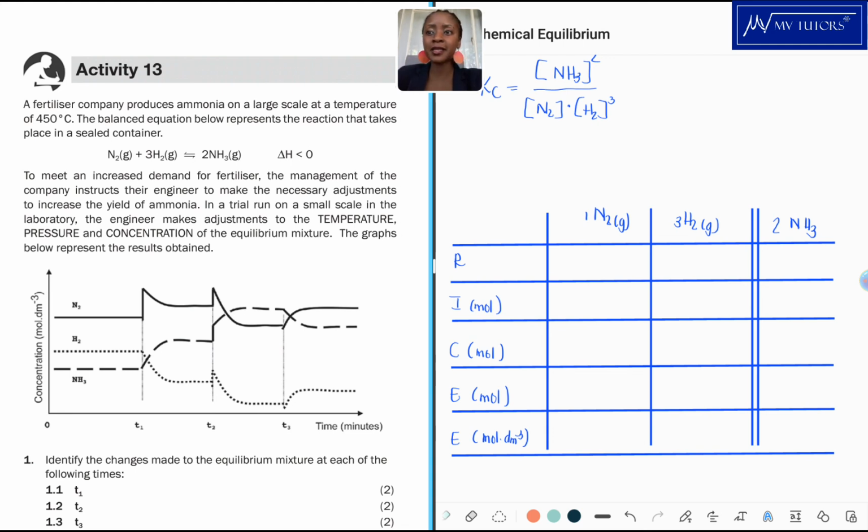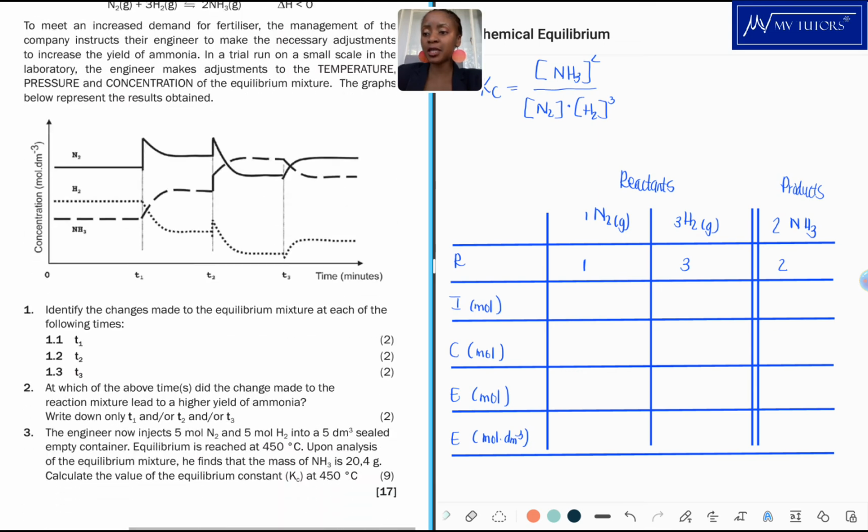It's the balanced equation that was given to us. Here I have a double line just to indicate that these are your reactants over here, and after the double line, you have your products. Okay, so the ratio, R stands for ratio. It's 1 is to 3 is to 2. That is basically our ratio of our reactants as well as the product.